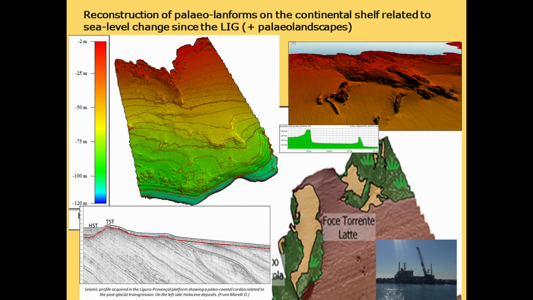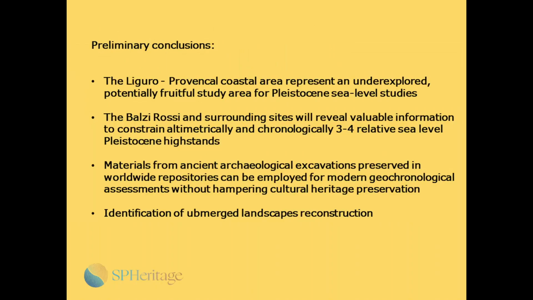That will be based on our bathymetric digital elevation model that we already have, but it will also be based on the identification through seismic profiles of the related deposits, and hopefully through some corings we will be able to refine our interpretation of the submerged landforms and find some evidence of human settlement below present-day sea level.